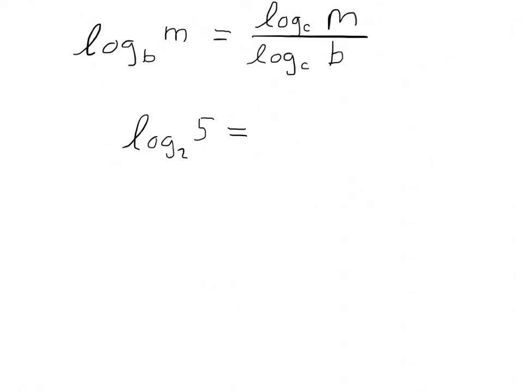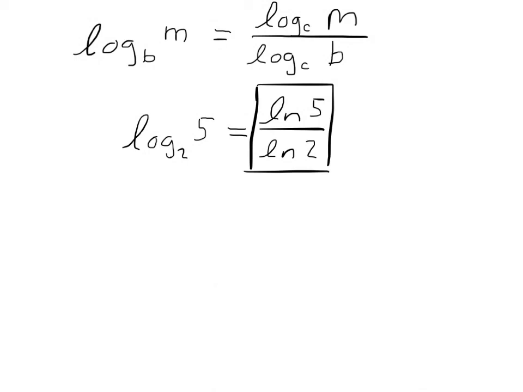For us, natural log is the hero of the day. I'm always going to want to write this as the natural log of 5 over the natural log of 2. And this is good for 2 reasons. 1, this thing can be plugged into the calculator. 2, to be honest, you're going to have to trust me. It turns out natural logs are just a lot better. And so in a lot of places, our trick is going to be, let's just rewrite the thing as natural logarithms and deal with it that way.